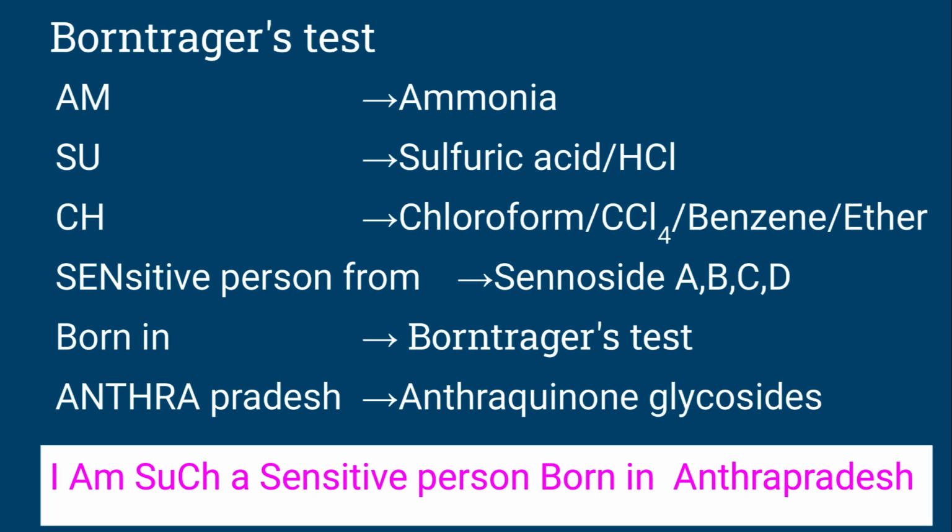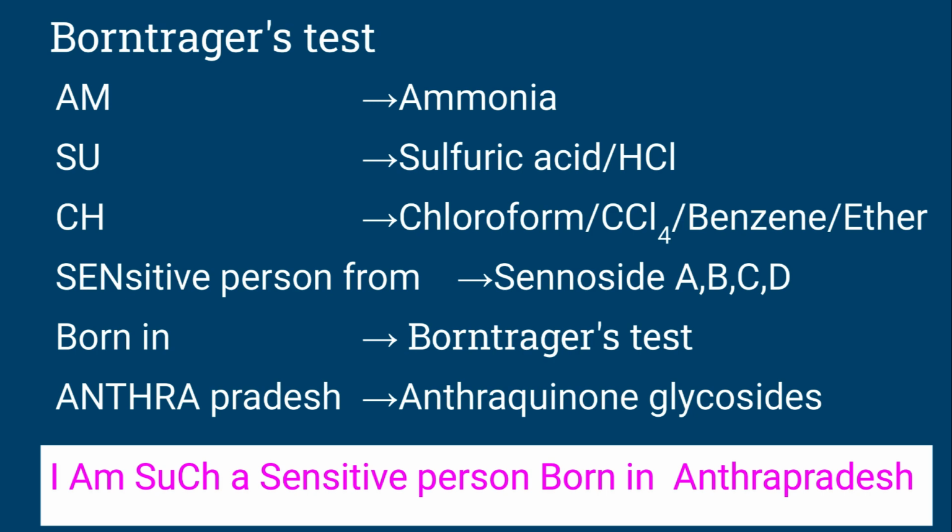Here, you have to remember the names of such reagents. First one is ammonia, second one is sulfuric acid, third one is chloroform. And how can we remember them? I made a sentence: I am such a sensitive person born in Andhra Pradesh.